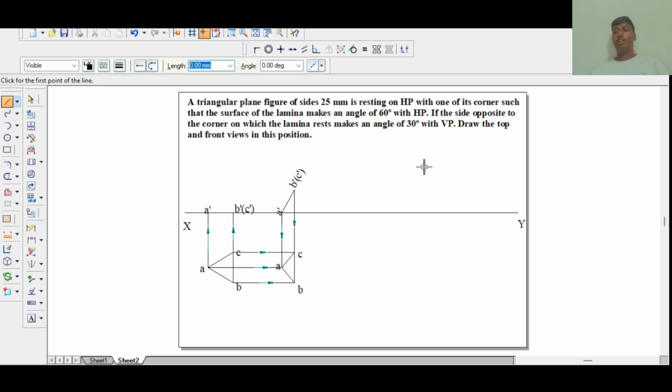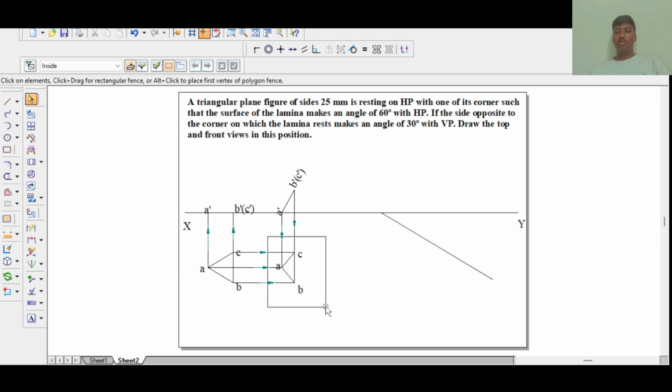And then for the third part of the problem, on the corner on which the lamina rests, take a 30-degree line and a normal line, then from the XY to tab minus 30 degrees.